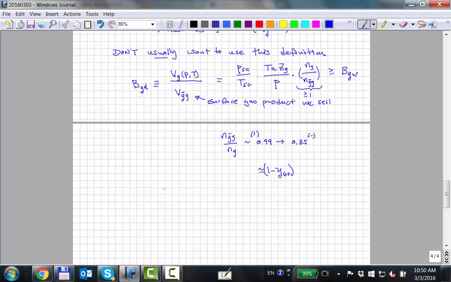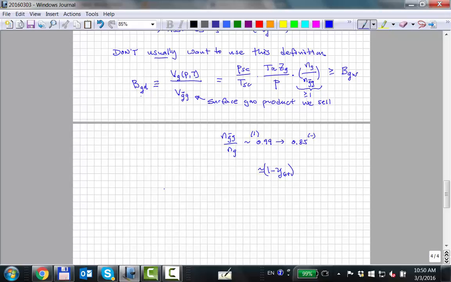If you got 11 or 13 mole percent C6 plus, like a gas condensate in Norway, then the error is big. And if you go to Midgard, then it's probably 0.2 mole percent C6 plus.